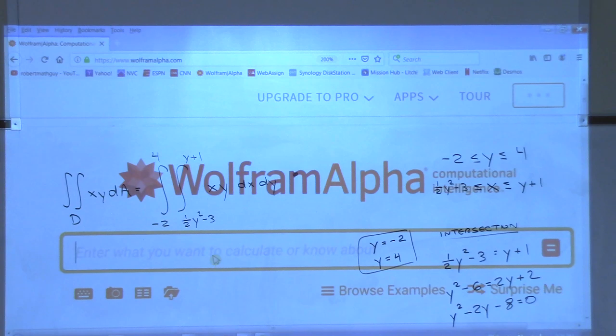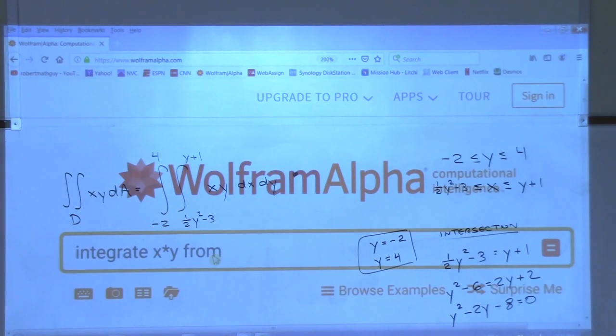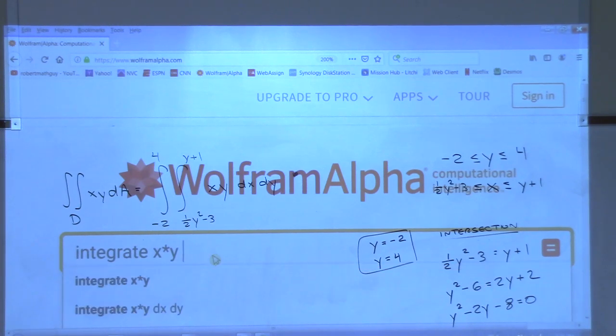I'm going to go to Wolfram Alpha. I'm going to integrate x times y from, wait, hold on. Let's just see how smart this is.